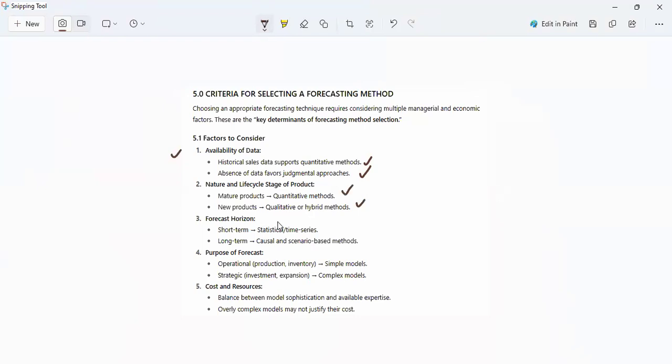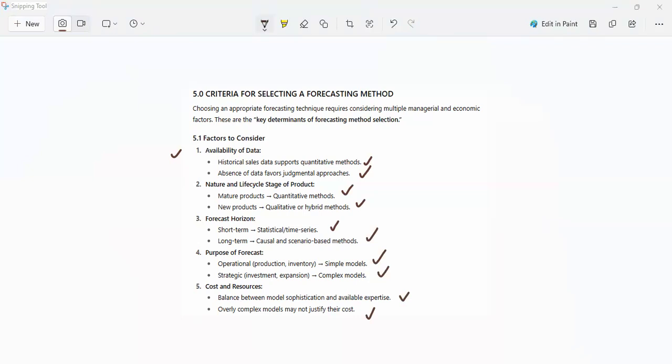Then the focus, the horizon. If it's short term, you use statistical time series. If it's long term, you use causal and scenario methods, which are qualitative. Then the purpose: if it's for operation and production purposes, we use simple models. If it's strategic, we use complex models like econometric. All this could be under quantitative. Then the cost involved: you want to balance between the model specification and the available expertise, or if it's an overly complex model that does not justify its costs, you must put that factor into consideration.